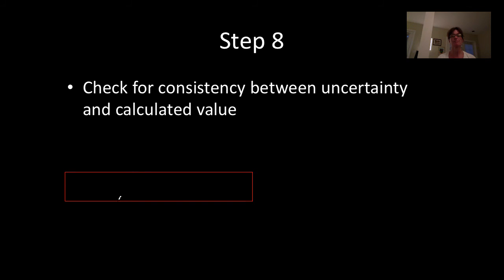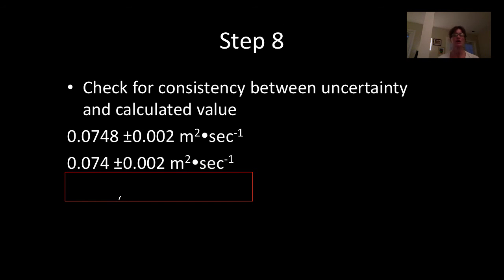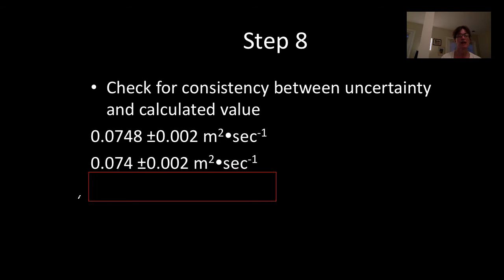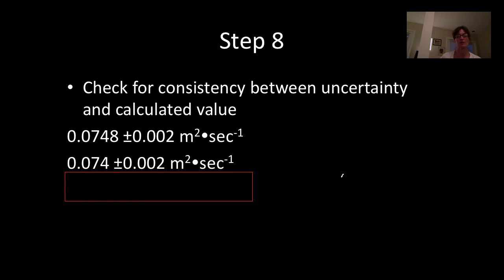So step 8. Check for consistency between the uncertainty and the calculated value. And in this case, the uncertainty trumps the calculated value. So what I'm going to do is knock off my last digit here. Now my last significant figure in my number matches with the plus or minus value of my uncertainty.